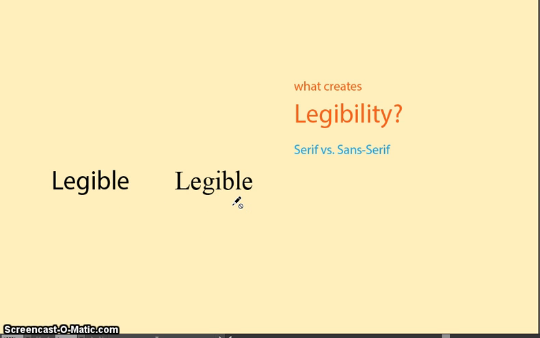Someone said the serif font is easier for people to recognize the characters and they can spend more time on it. But personally, I think this one is more legible than this one. But you can try different fonts and see which one looks good, and then choose that one.